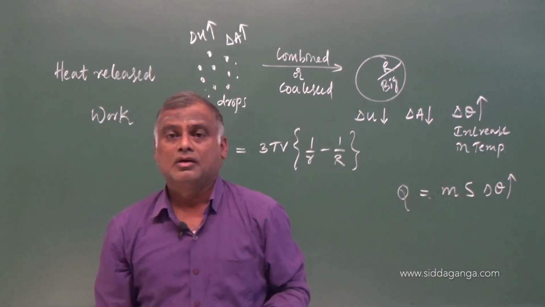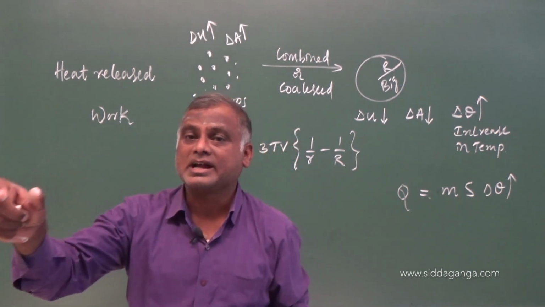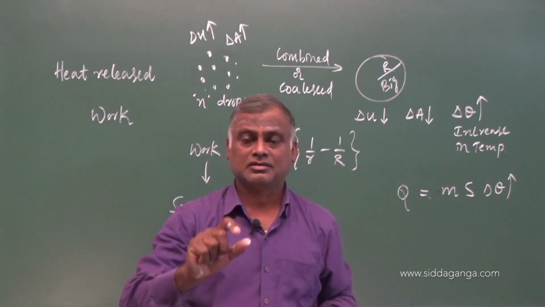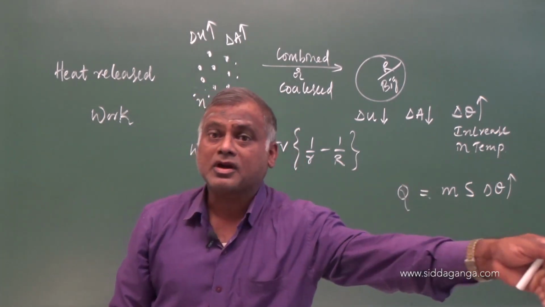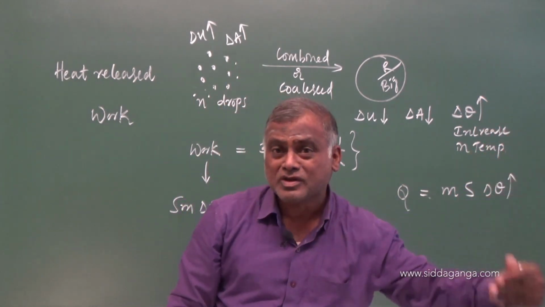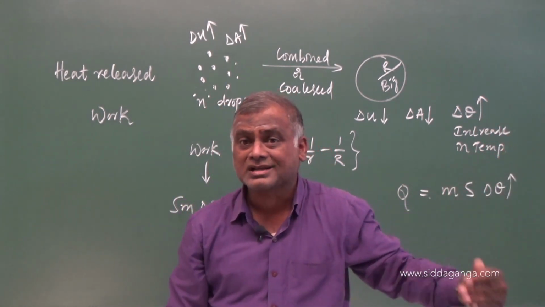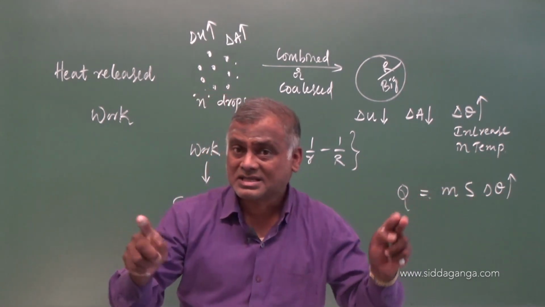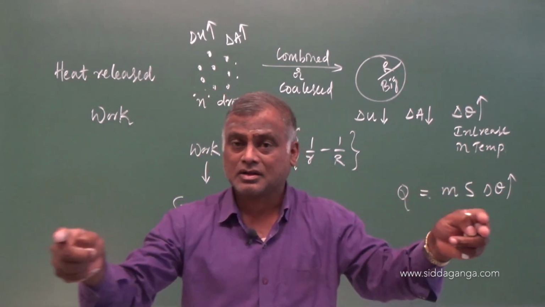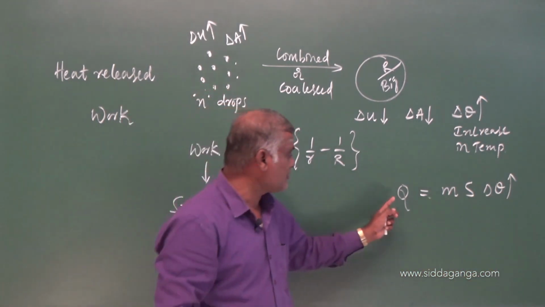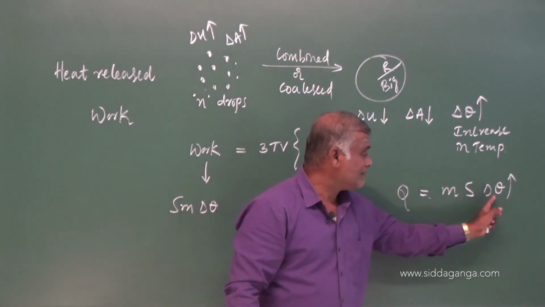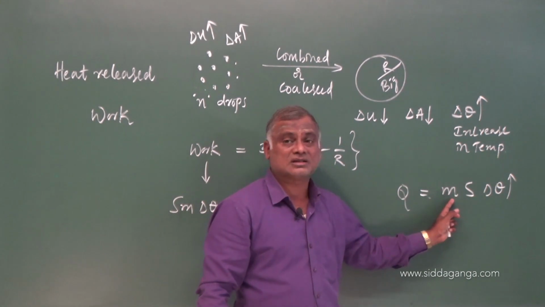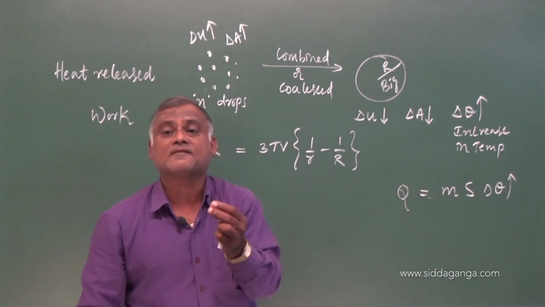For 1 kg of copper and 1 kg of aluminum, the energy required is different. The substance is different, the mass is the same, so you need a different amount of heat. The amount of heat required depends on the nature of the substance, which we call specific heat.